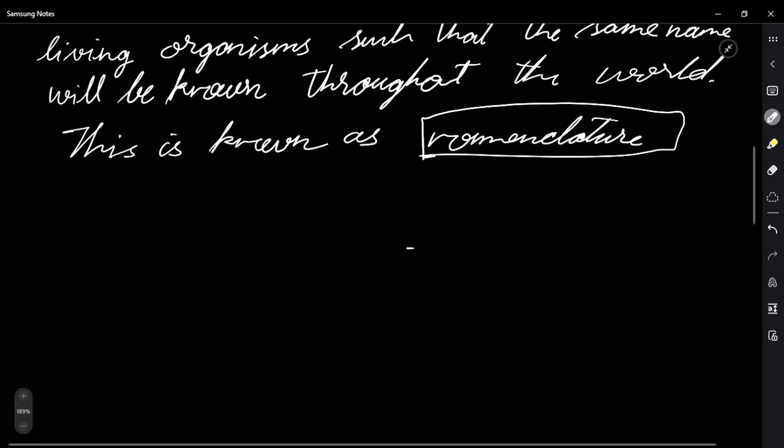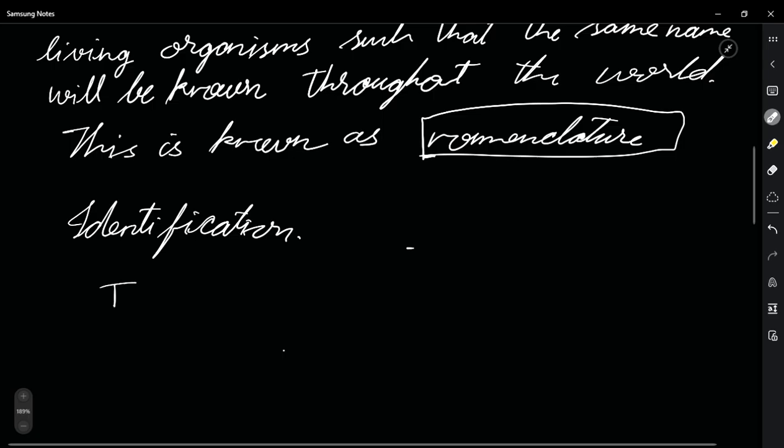Nomenclature, or naming, is possible only when the organism is described correctly and we know to what organism the name is attached. This is known as identification. And what makes all this possible?